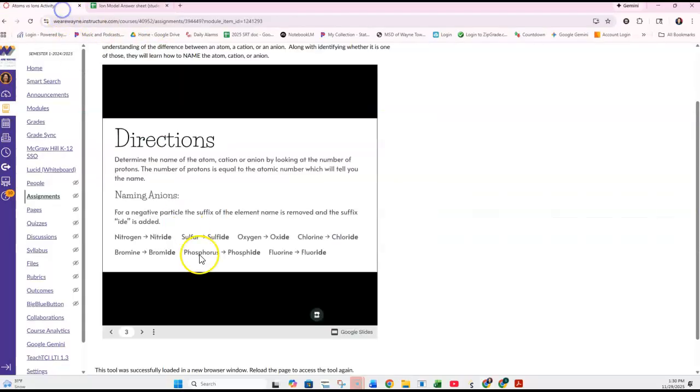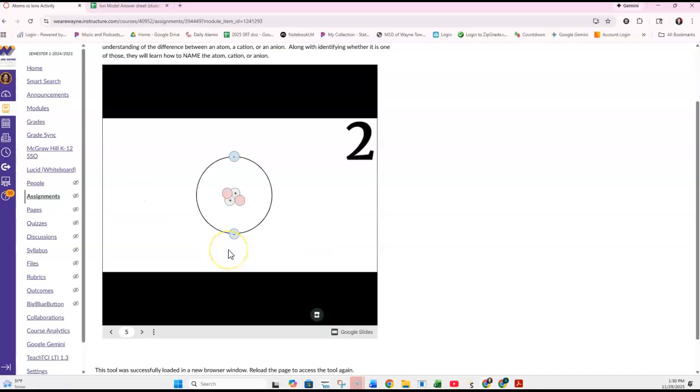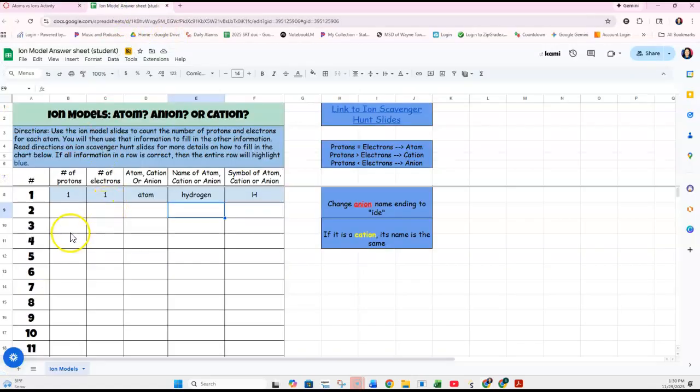So let's look at one that actually may have a charge. Okay, so for example, number 3, I have 1 proton and no electrons. Okay, so if I go back here, this is 1, this is 0. More protons than electrons. That means this is a cation. Okay, this name is still hydrogen. It's a hydrogen cation.